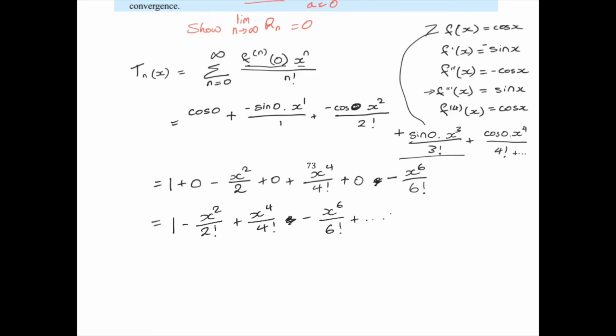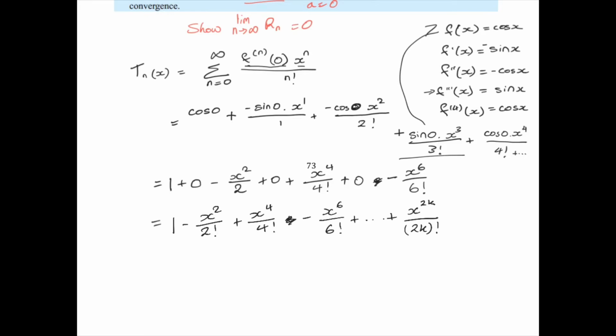So, girls, what I want you to notice, first of all, is our n values are going up by 2. So you could think of n as being like 2k. Do you get what I'm saying? Where we're substituting k so that it's always an even number. So, for instance, our last term could be considered as x to the 2k over what?